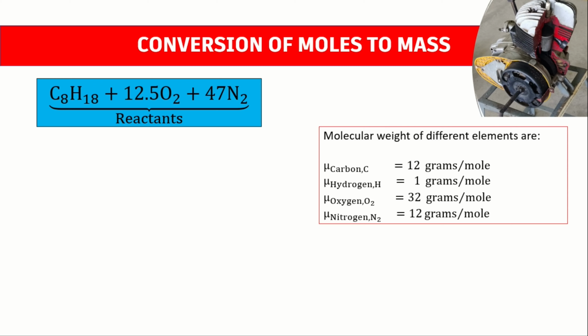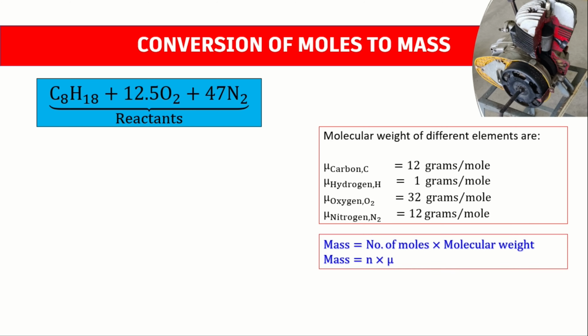The molecular weight of carbon is 12 grams per mole, hydrogen is 1 gram per mole, oxygen is 32 grams per mole, and nitrogen is 28 grams per mole. The formula to convert moles into mass is mass equals N into mu, where N means number of moles and mu means molecular weight.